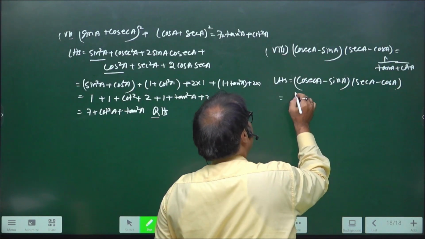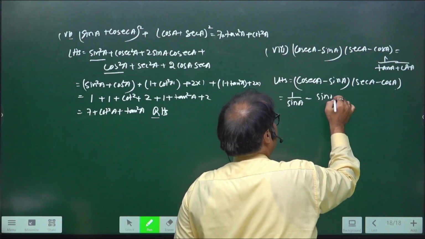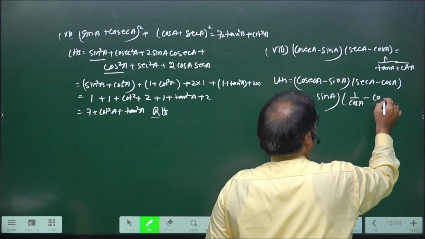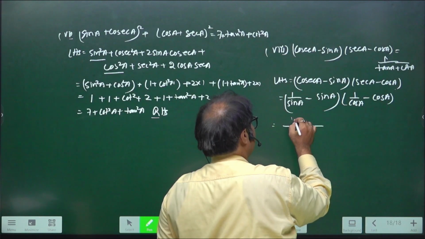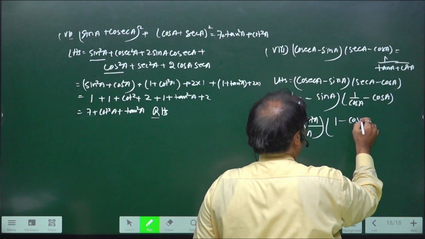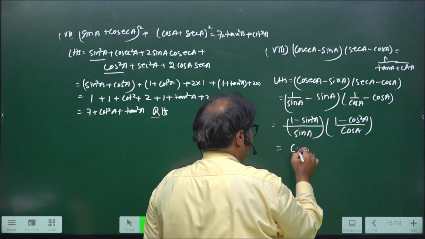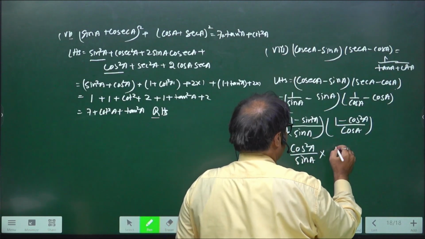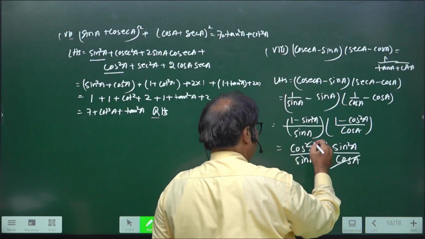So cosecant can be written as 1 upon sin A, and this is minus sin A, and secant can be written as 1 by cos A and minus cos A. So the LCM will be sin A, and this is (1 minus sin² A) into again similarly (1 minus cos² A) upon cos A, and 1 minus sin² A is equal to cos² A upon sin A into 1 minus cos² A, that is sin² A upon cos A. So we can cancel, right?